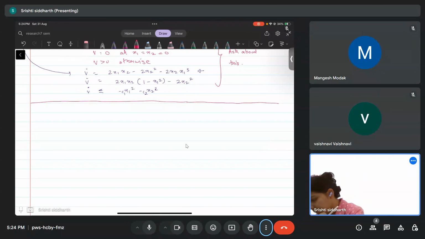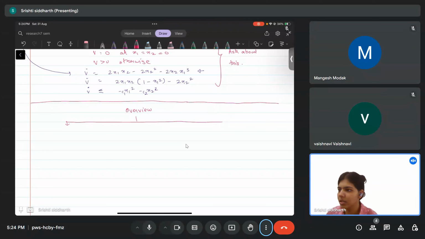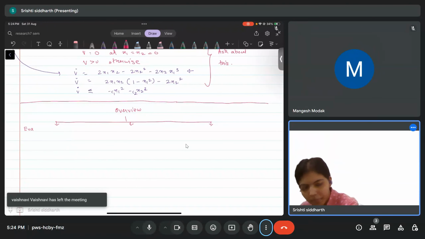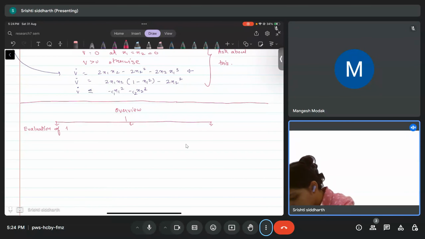All right. Then, these were the topics discussed in the last lecture week. Let's see. So first one is evaluation of the state transition matrix.